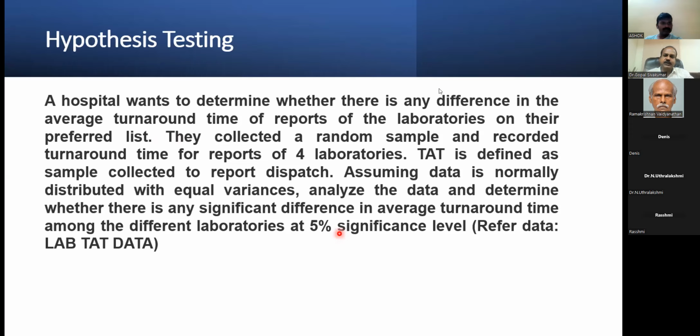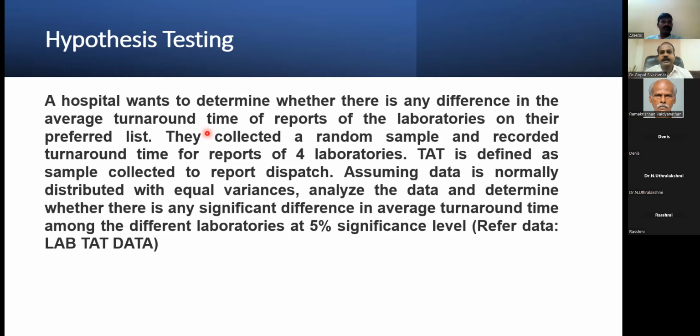That means there is a hospital where there are 4 diagnostic laboratories. As a chief of the hospital, what do you think if all the 4 laboratories have the same facility, same staff members, same level of training and everything? Obviously, the turnaround time should be the same, isn't it? For a particular test. Yes or no?